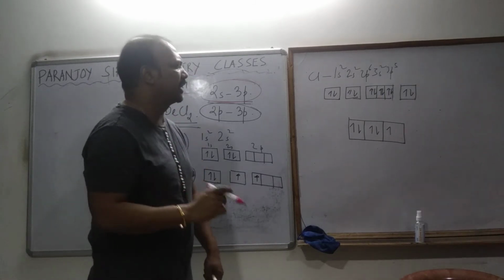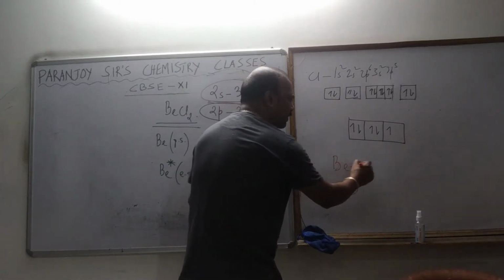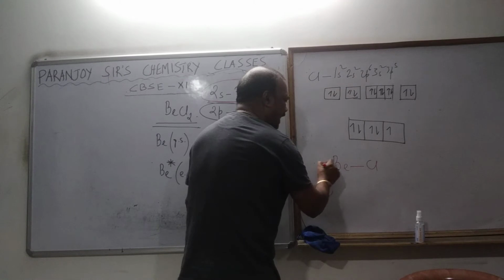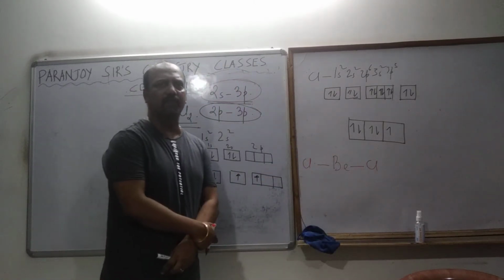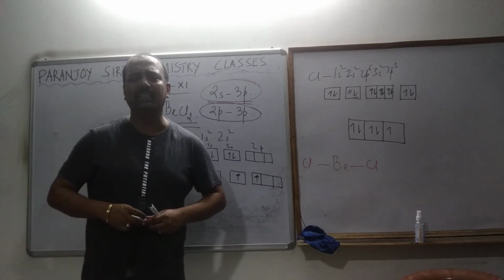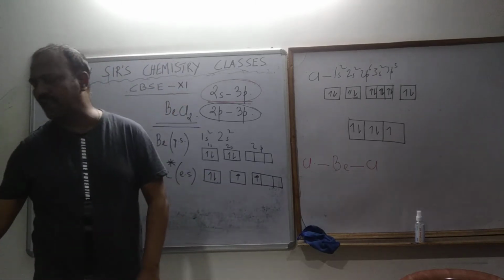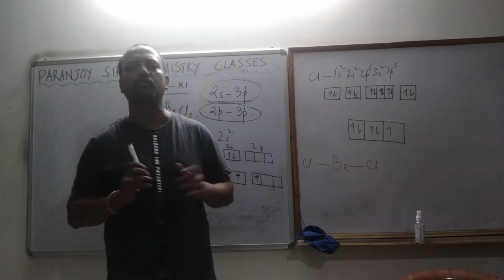But the study suggested, we know the structure already, that both the bonds between B and Cl are exactly equivalent. There is no difference between the two bonds.